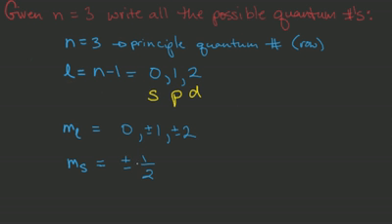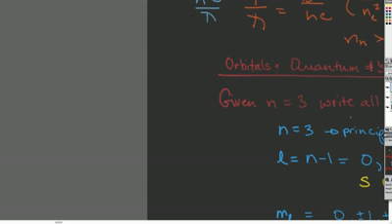Let me correlate this to some identification of an element. Pauli exclusion says that we can only have a set of 4 of these. So N can be 3, L can be 1, M sub L can be something else, and M sub S can be something else. So that's basically it.